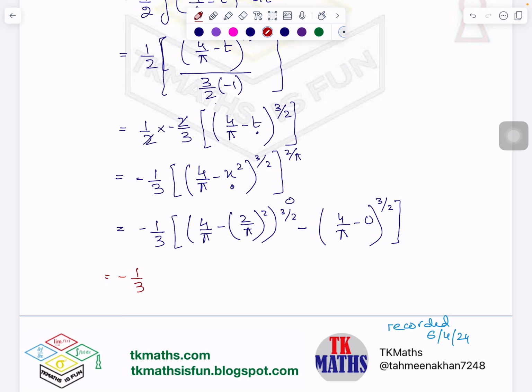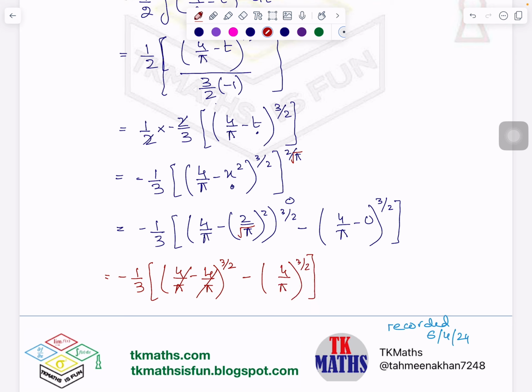You know this 2 square, let me write here so that nobody is confused. 4 over pi, and sorry, this was all root 2, which is my mistake here, not this one, because the limit was 2 divided by root pi. Okay, so now it is 4 pi. This will cancel out, it will become 0 minus 4 over pi 3 over 2.